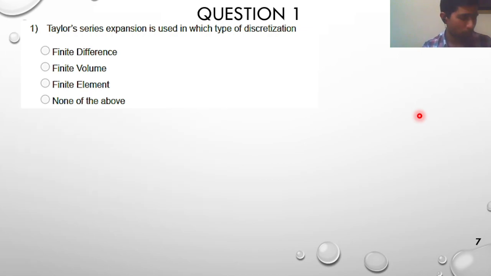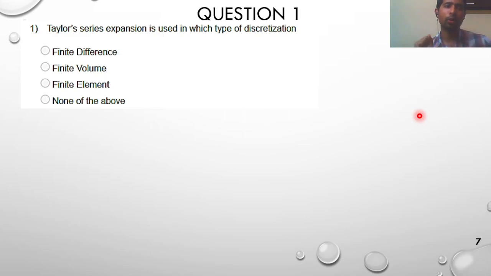Now let us come to the first question. Taylor series expansion is used in which type of discretization? Can you write down the answer in the chat box? It will be good if all of you can participate, so that you can understand it better and solve the assignment very easily. That is the main objective of conducting these sessions.